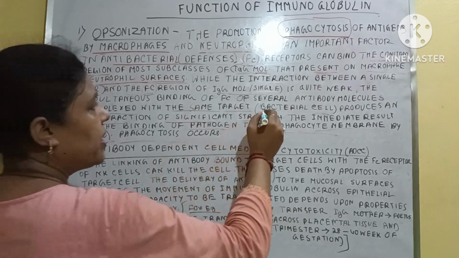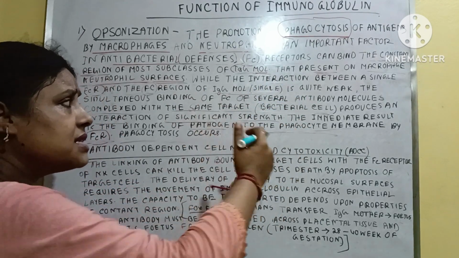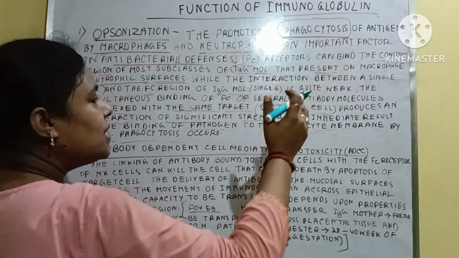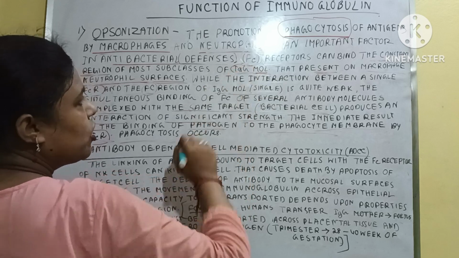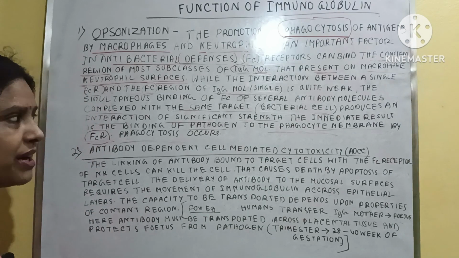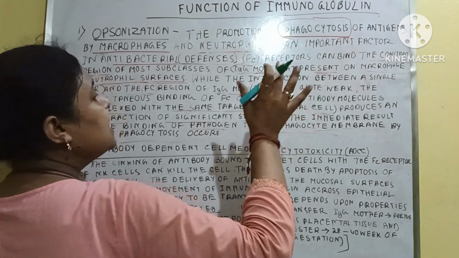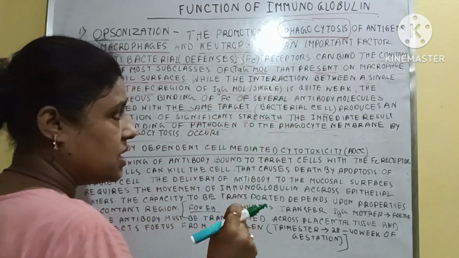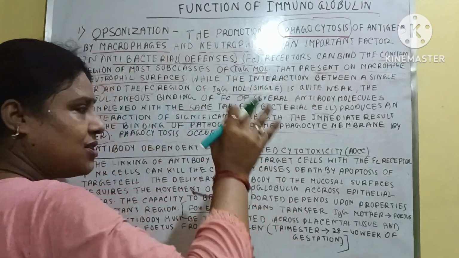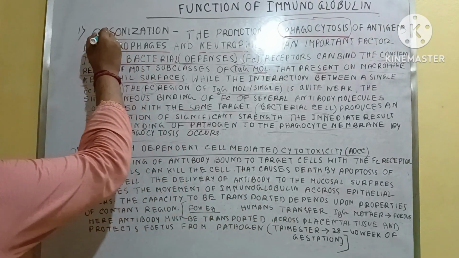If this binding occurs with bacterial cells, the bacterial cell, a foreign particle, is first recognized, and after recognition the IgG antibody molecules bind totally to the bacterial cell. After that, they engulf it, phagocytosis is possible, and by this way they damage the foreign particle. This is the process of opsonization.